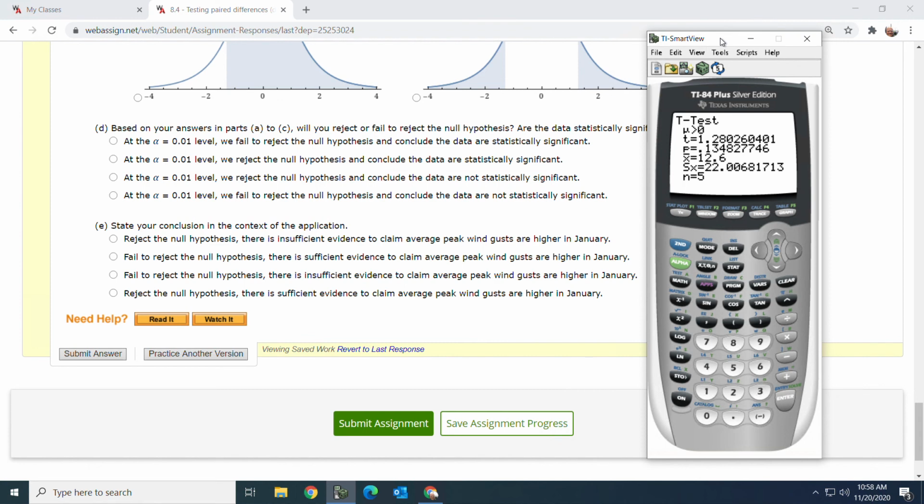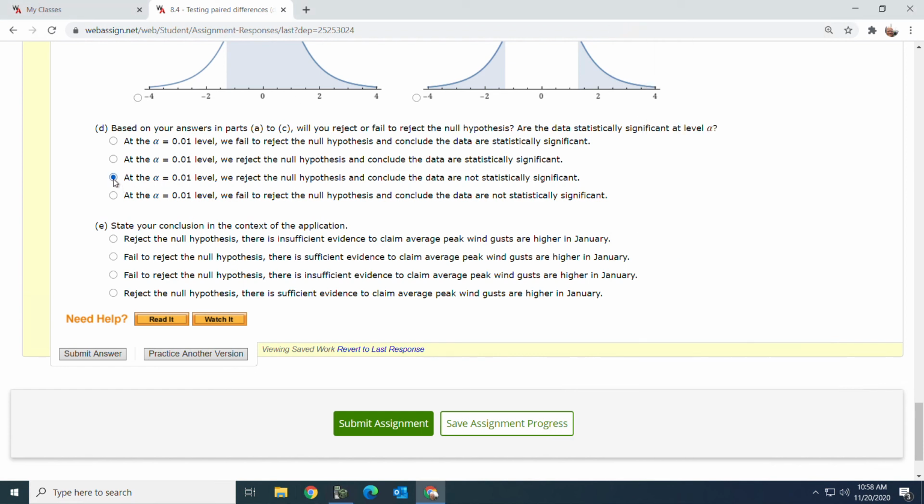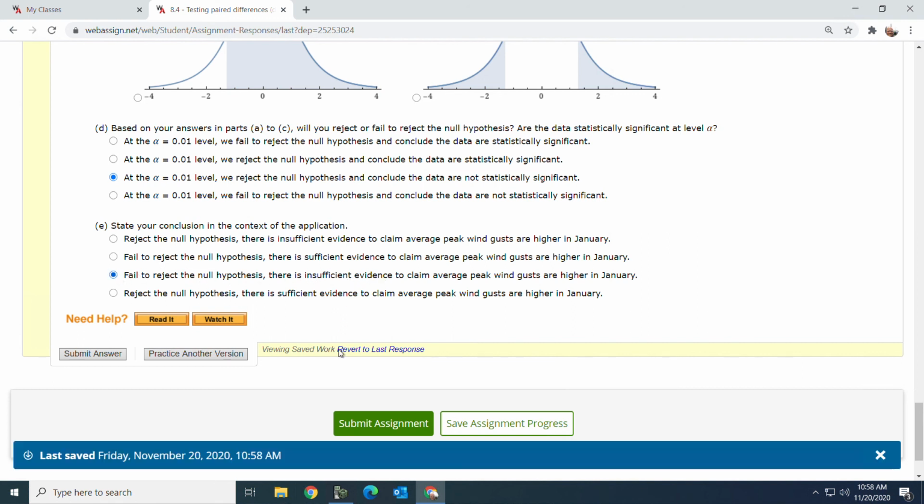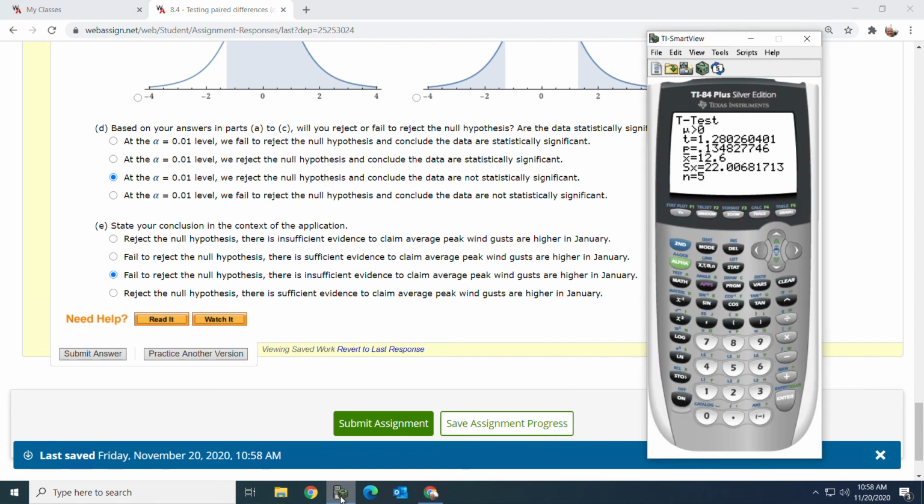If p is greater than alpha, do not reject the null. You do not have enough evidence. And then part E is going to match the same thing. Fail to reject the null, not enough evidence to claim that the wind gusts are higher in January than they are in April. So I'm going to submit.